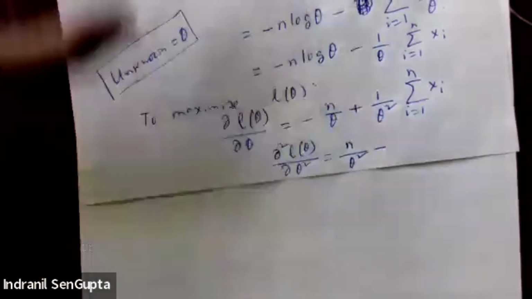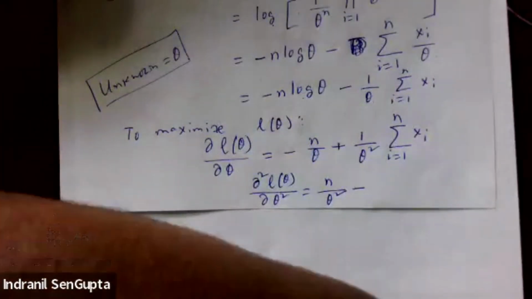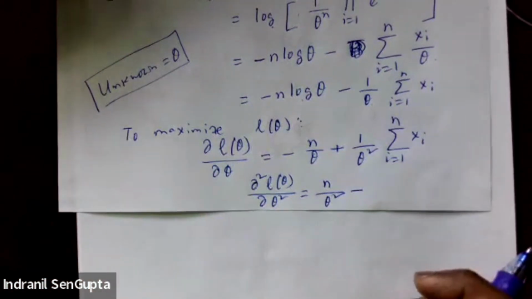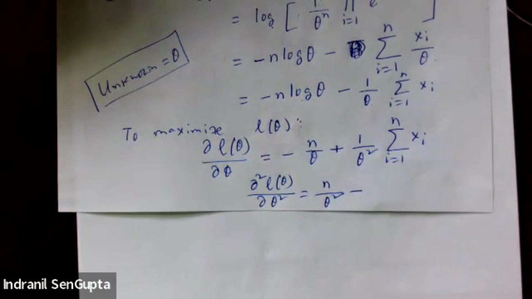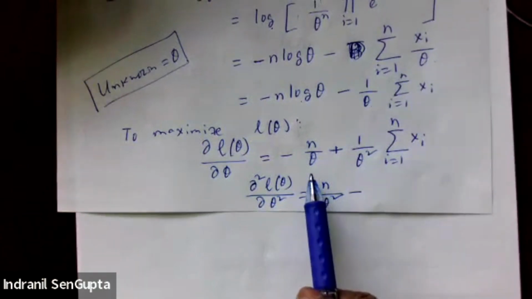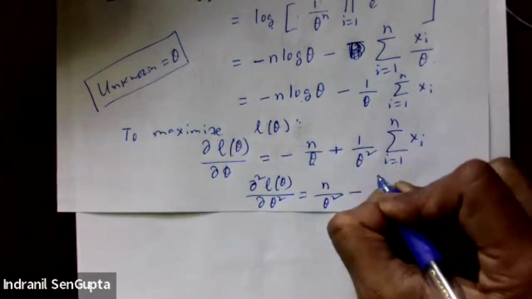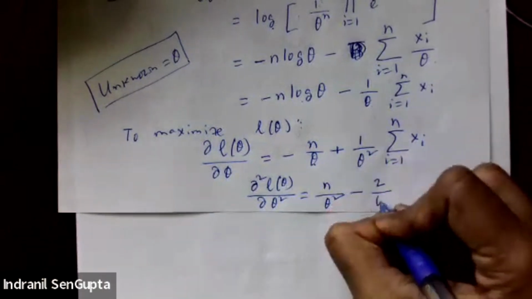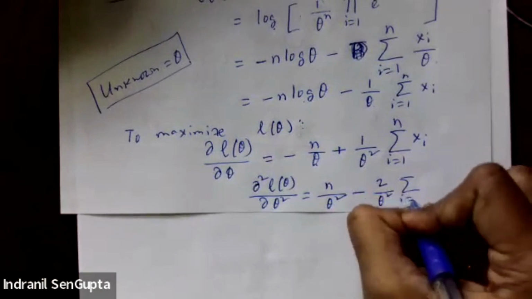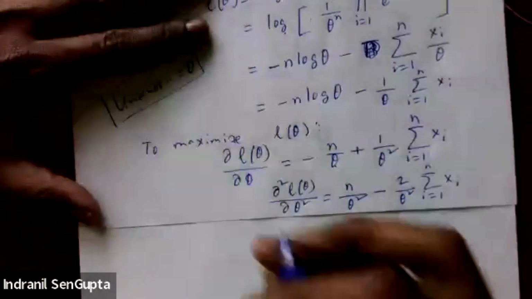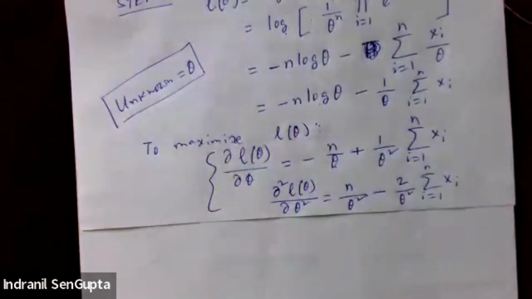Minus, if I differentiate 1 over theta squared, it's going to be minus 2 over theta cubed, times the sum i from 1 to n of xi. That's my second derivative. Okay.